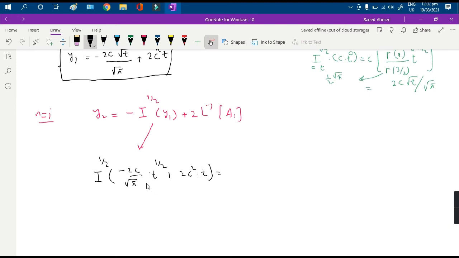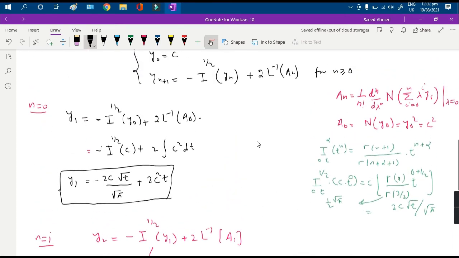I will split the integral and put the constants outside, so this becomes minus 2c over square root of pi, integral operator of order 1/2 of t to the power 1/2, and then 2c square, integral operator of order 1/2 of t. Now I will use the same formula for evaluating this integral operator.